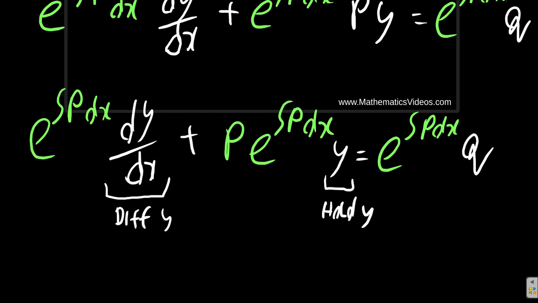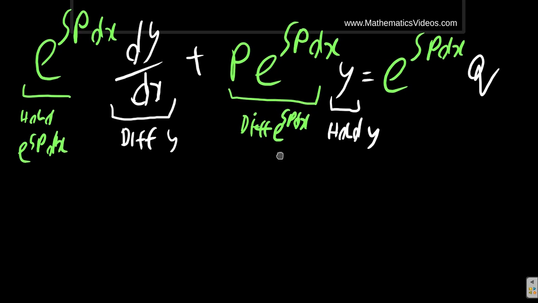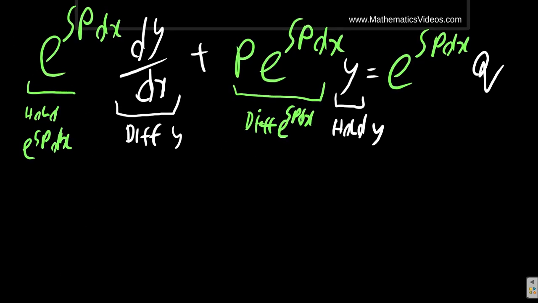So here, what you do is you hold e to the integral of p dx, and what you do here, you differentiate e to the integral of p dx. Alright. So here now, what you really have is the result of differentiating using the product rule.